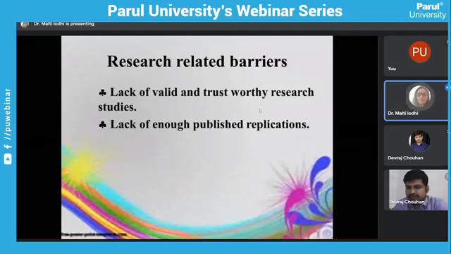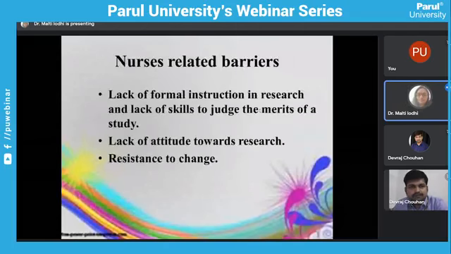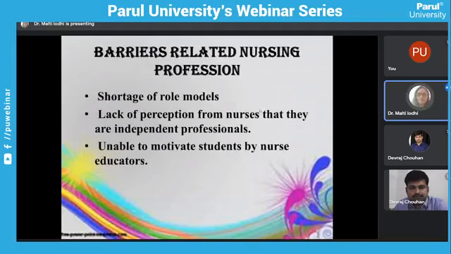Nurse related barriers: lack of formal instruction in research, lack of skill to judge the merits of a study, lack of positive attitudes towards research, resistance to change. So these are the points which can be used as barriers.